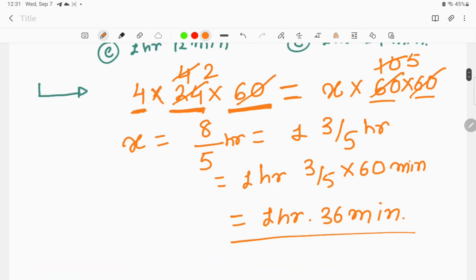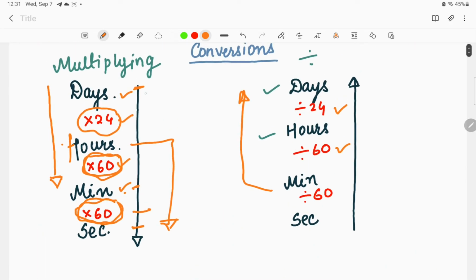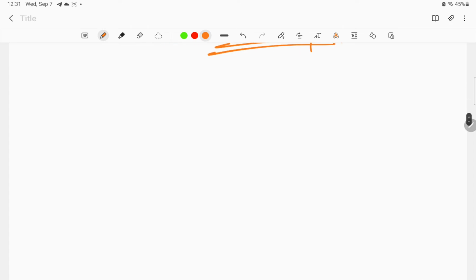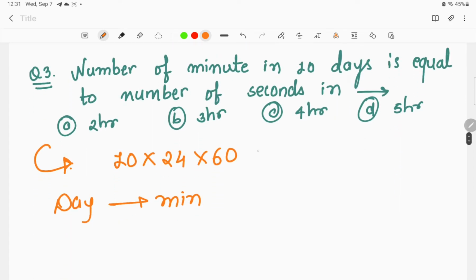Right, so when we move from day to minute, as per the chart, we will multiply it once by 24 and once by 60. This is what we follow. This is the first step. Now next, this is equal to the number of seconds in how many hours? Now here we are moving from hours to seconds.